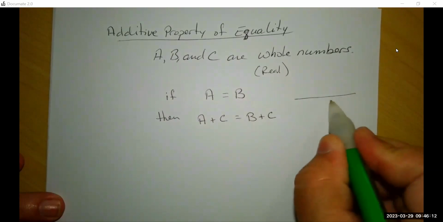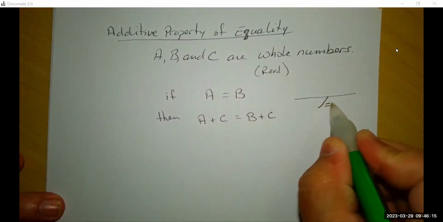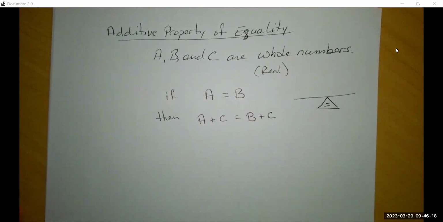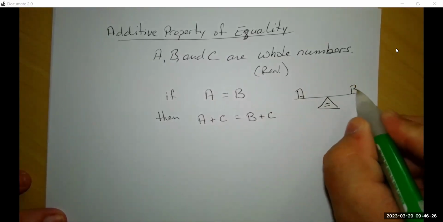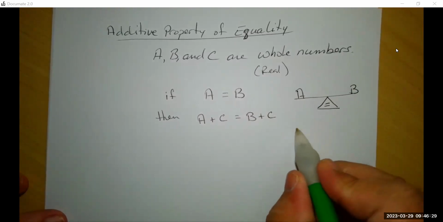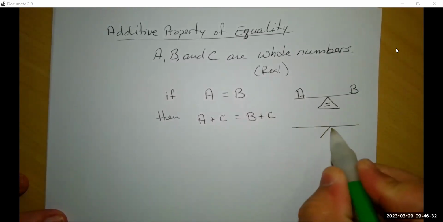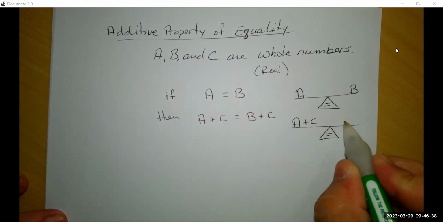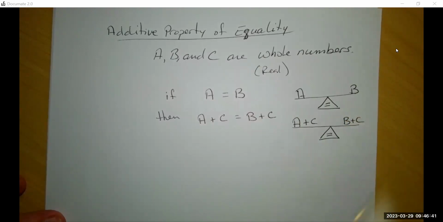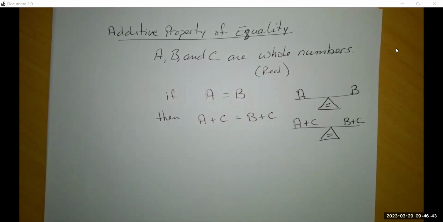It helps if you look at the equal sign as a balance beam. If A is here and B is here, if I add a C here, I better add a C to that side to keep the balanced equation. That's all it tells us to do. In other words, it goes with the golden rule. Whatever you do to one side, you have to do exactly the same thing to the other side.